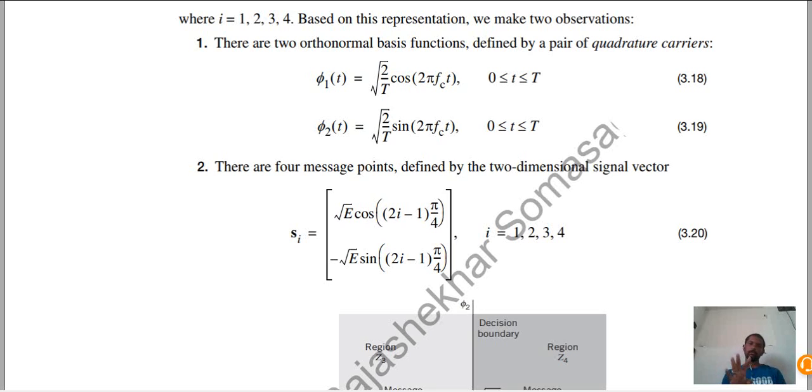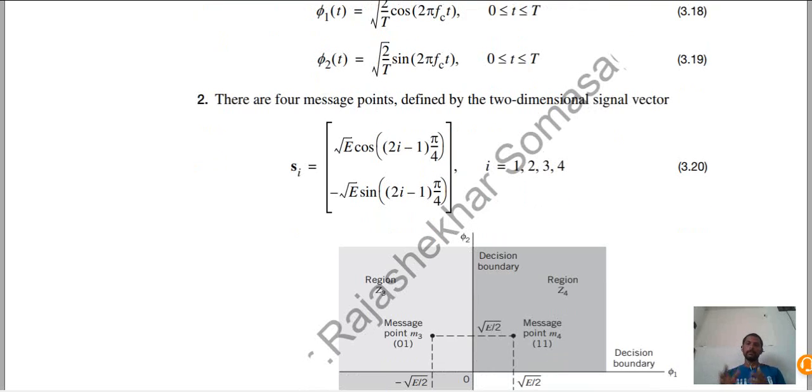And here there are 4 message points, which are defined in the signal vector, that is Si equal to root of E cos of (2i minus 1) pi by 4, and in the second row, another one is the opposite phase to the above, that is minus root E sine of (2i minus 1) pi by 4, that is, the quadrature phase.